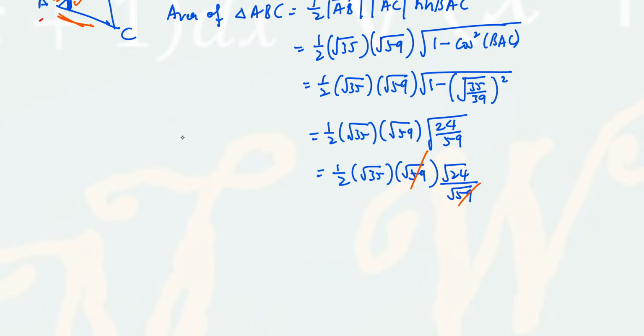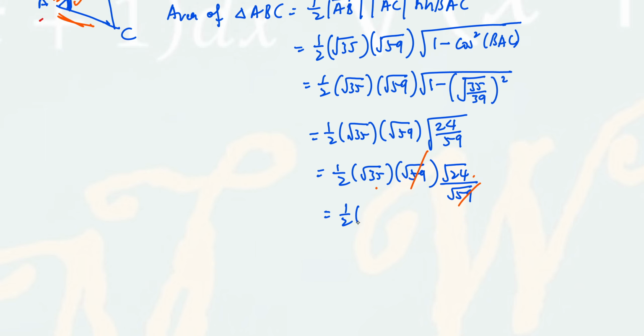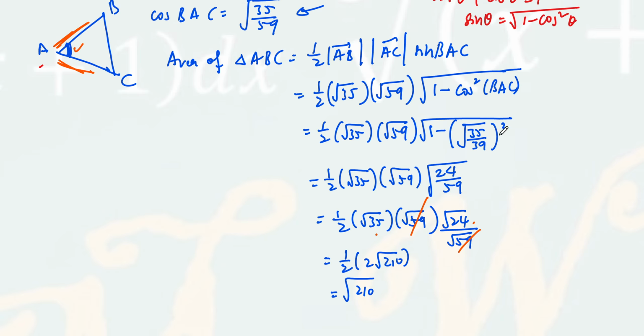And then square root 35 times square root 24 is 2 square root 210. So the 2 and the half can be cancelled off. Square root 210 is your final answer. So this is our exact area of the triangle.